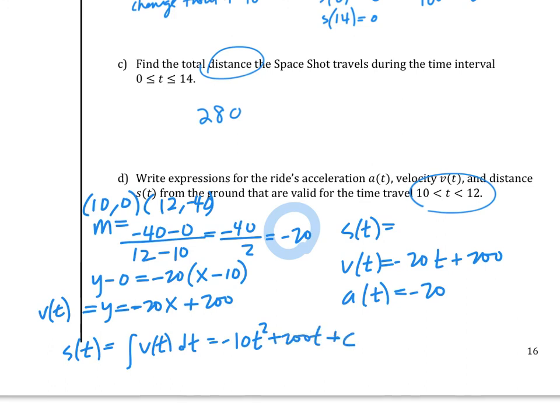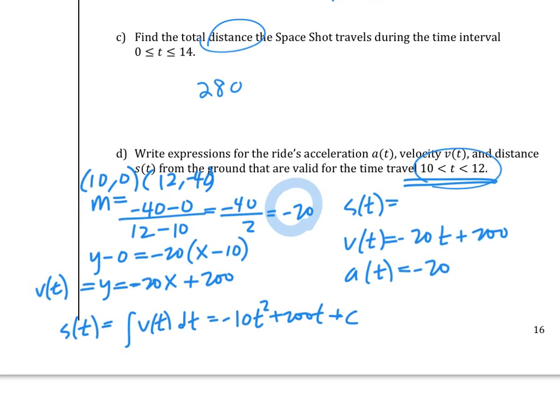The question is, what is c? Is there an initial condition involved? Well, there is. Although there is nothing at s of 0, we are writing an equation that only applies to 10 to 12, which means we need to take the condition that is given in s of 10 or s of 12, whichever number you have.